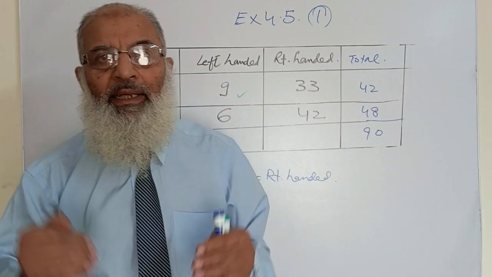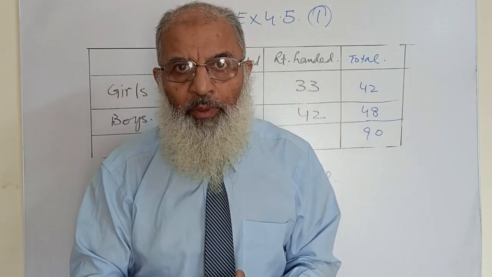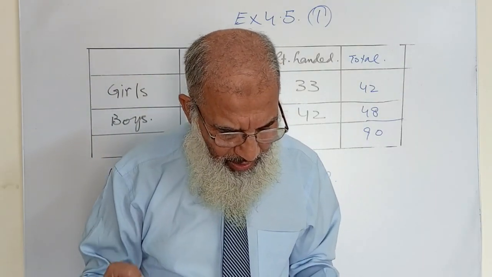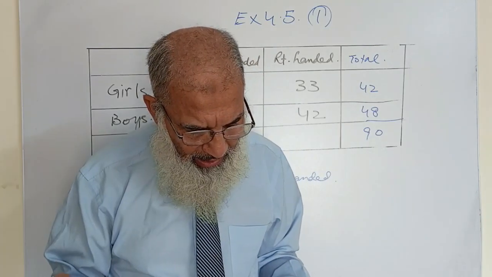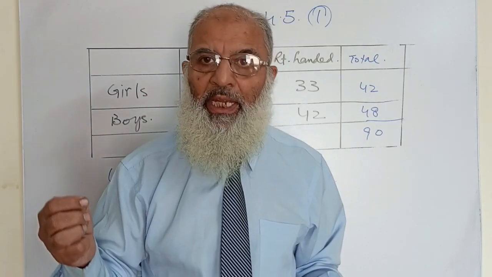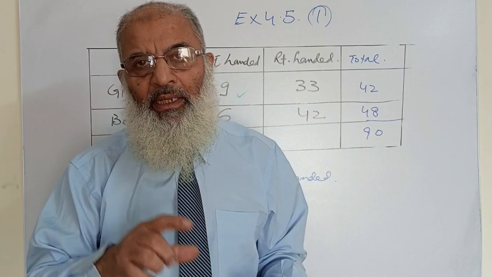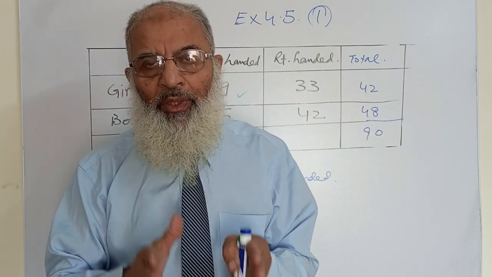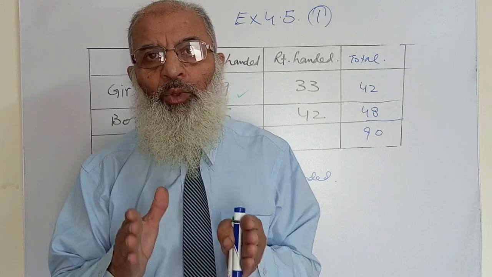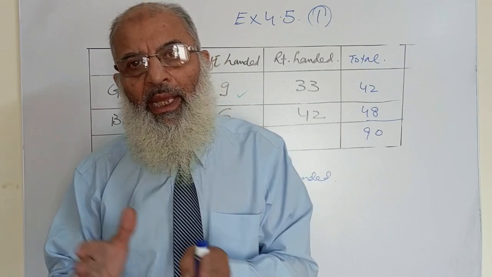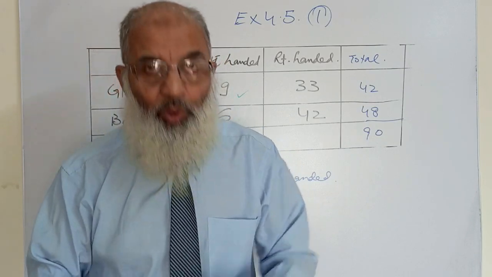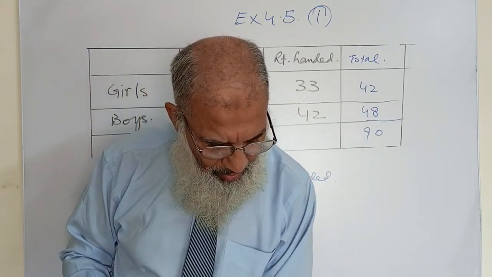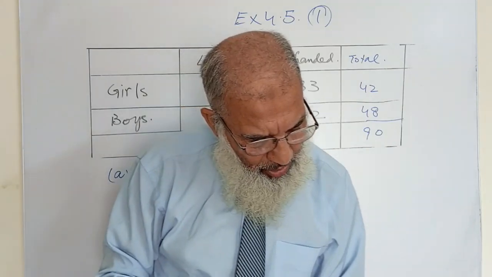Someone has collected the data of the world population of the different regions, for example Africa, North America, Latin America and Caribbean, Asia, Europe and Oceania, and he has estimated the population which would occur in 2025 and in 2050. So he has tabulated it in a table and asked some questions about it.